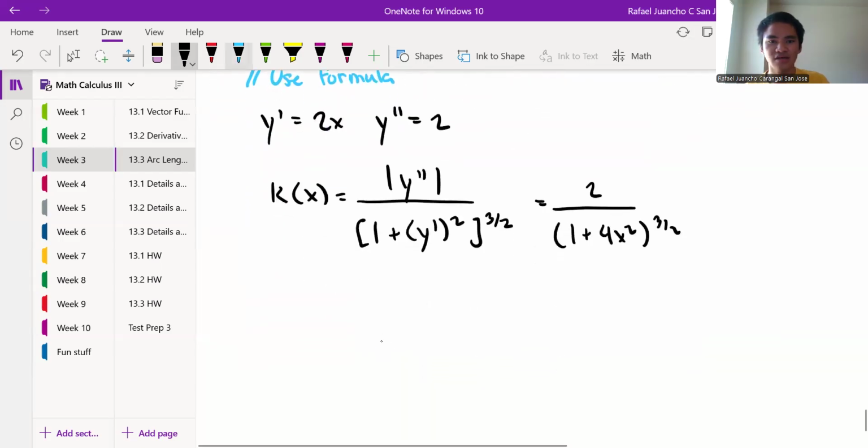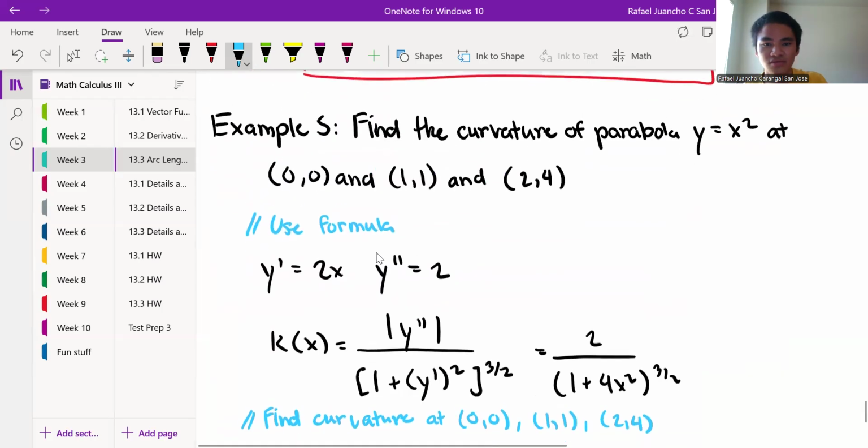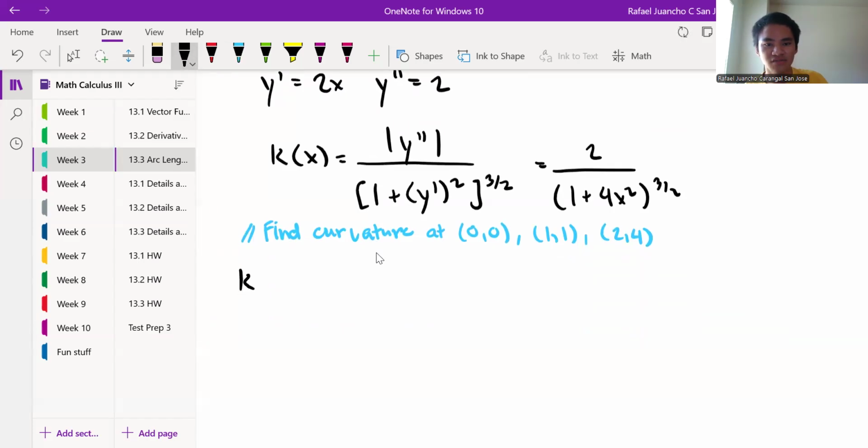All right, now I find the curvature at the points. At 0, 0, 1, 1, 2, 4, I believe. Yeah. So my k of 0, plug in the 0, I get 2 over 1 plus 0.